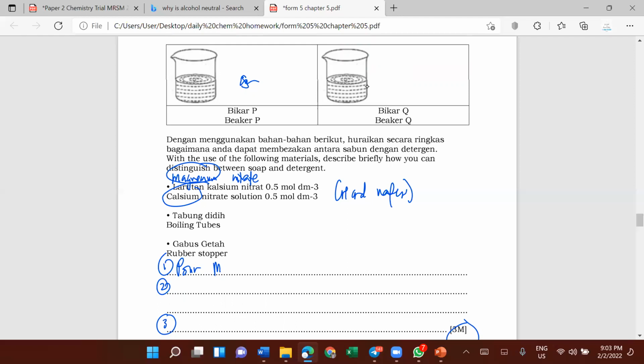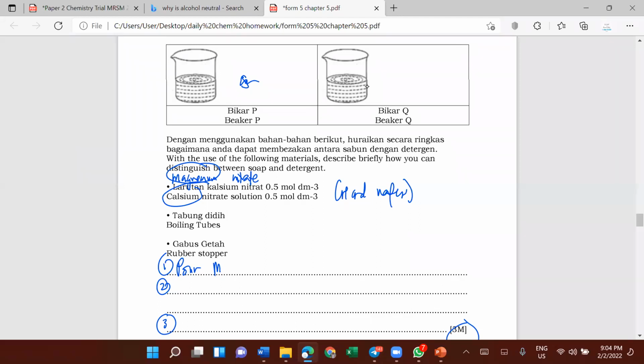So you're combining two sentences together. How much of it do you want to put? 0.5 is the concentration. 500 milliliters?